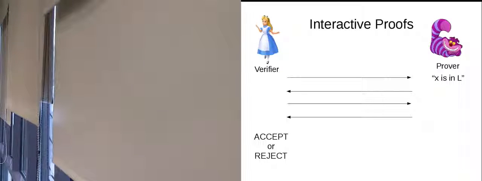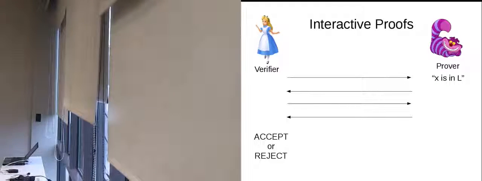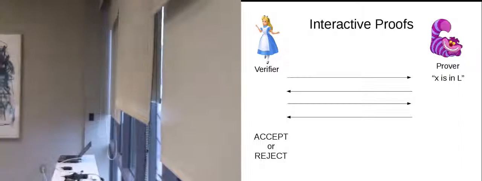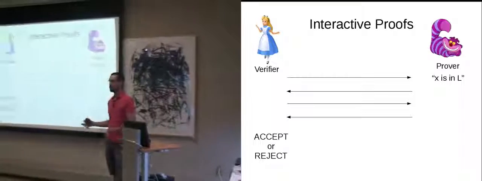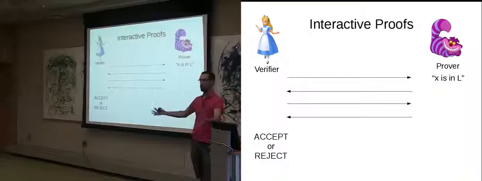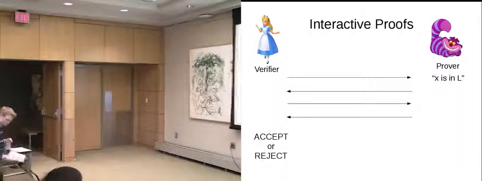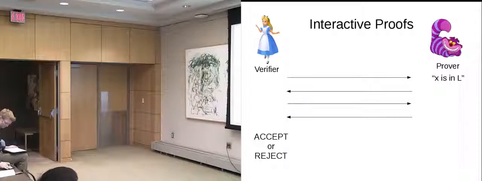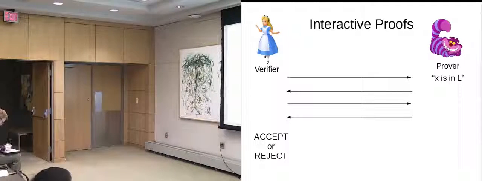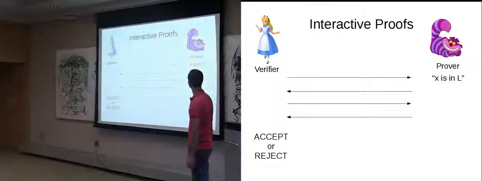Okay, so first of all, let's talk about what is an interactive proof. An interactive proof is a complexity theoretic notion, a type of computation. But in contrast to normal computation, where you have a single computer attempting to solve the problem, in an interactive proof we have two different parties participating in the calculation: here the verifier, and here the prover.